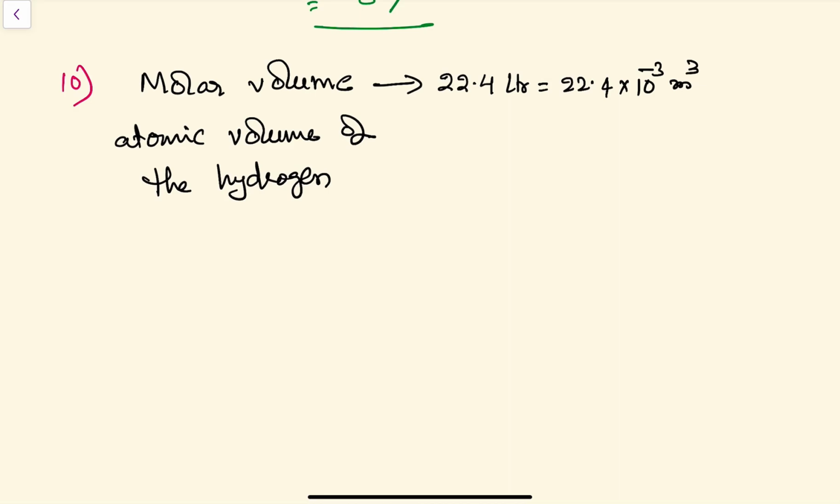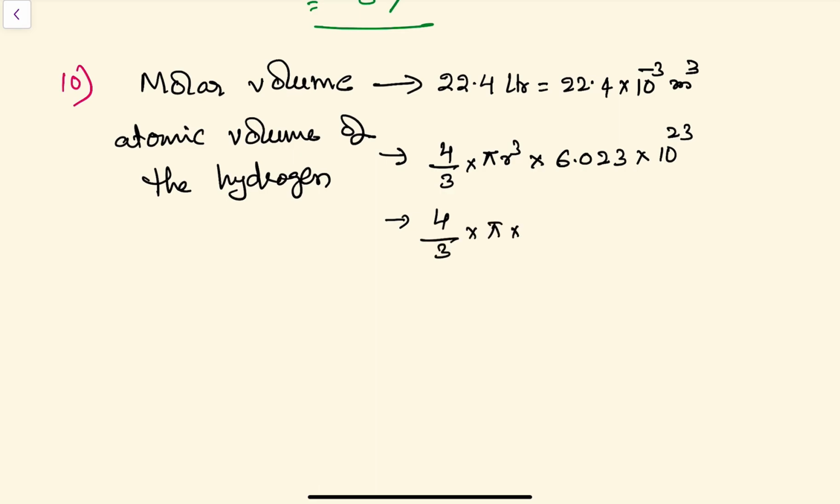The atomic volume means each atom is spherical, 4 by 3 pi r cube, and that many atoms are there, 6.023 into 10 power 23. What is given is 1 angstrom, so r is equal to 1 angstrom, which is equal to 10 power minus 10 meters.